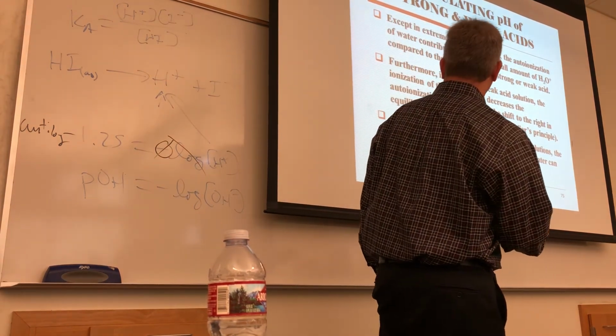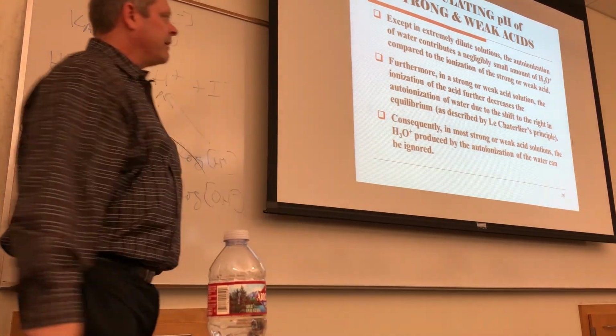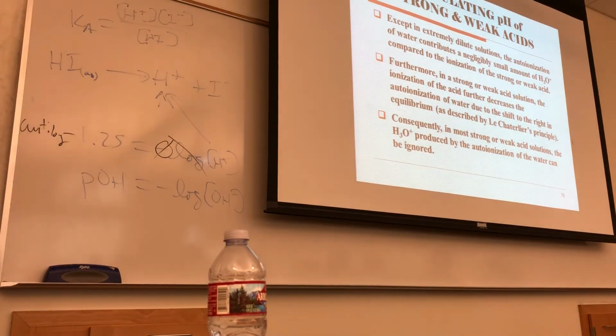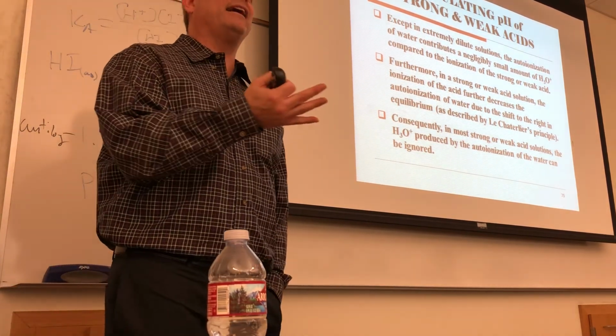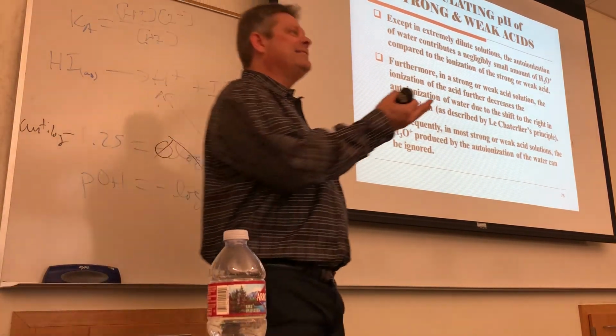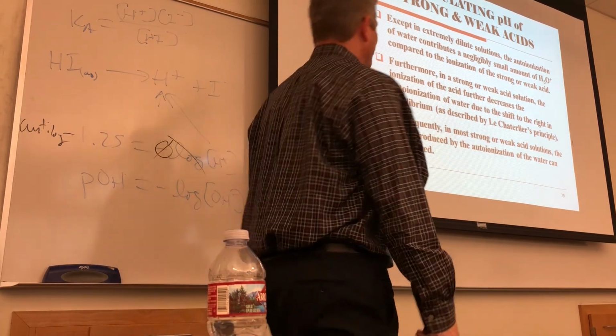So in most strong and weak acid solutions, and this is what I told you early on, just ignore the amount of H3O plus produced in autoionization, as well as the OH minus when we get to the bases. But just so you know it exists. We seem to have gone through 3 or 4 slides of a discussion about this, but don't worry about it. That's the autoionization of water.